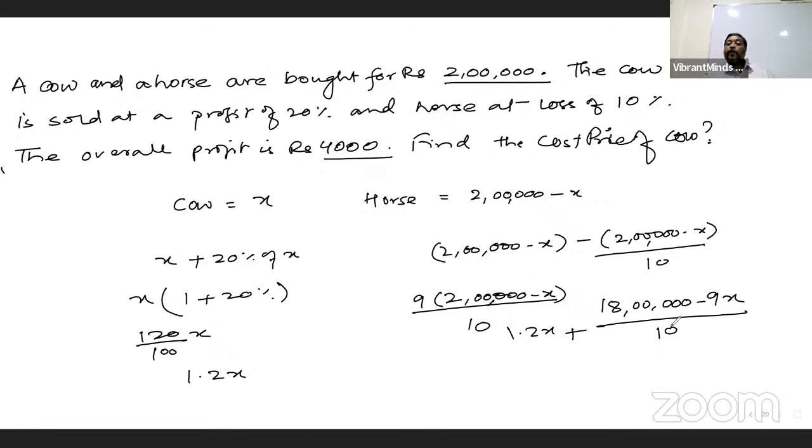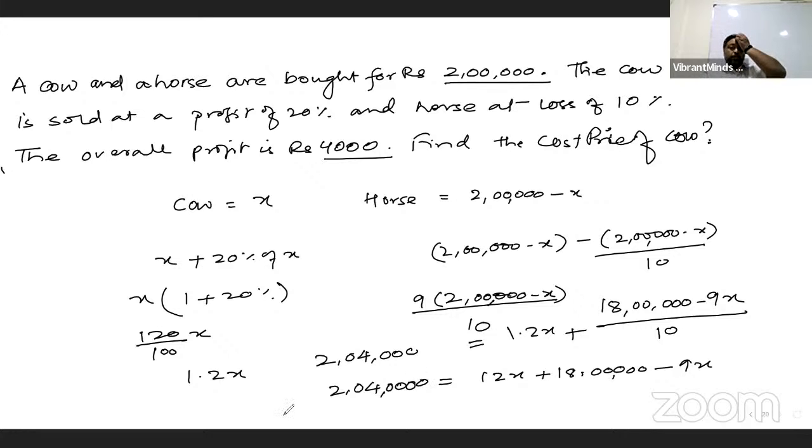So here I will get the value of x. 2,04,000 is equal to 12x plus 18 lakh minus 9x, and this 10 will go over here and it will be something like this, 20,40,000.